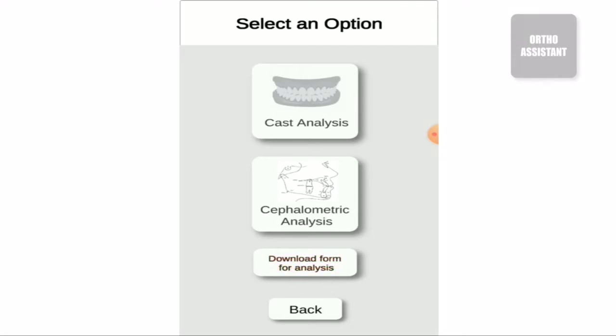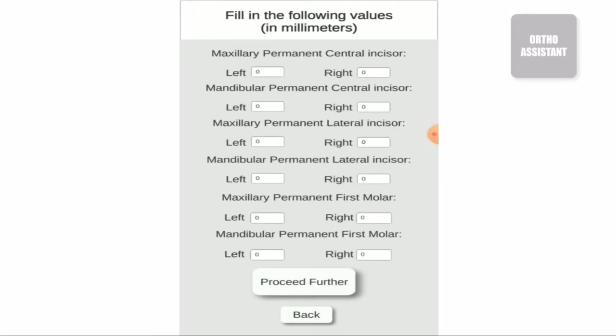The measurements and different results, whatever you are getting through the app, you can enter it, or you can change it into the Word document, and you can digitally enter the values in the form in the laptop or on the mobile, or directly you can go for the cast analysis, and you can enter the measurements directly with the help of your friend or by yourself, and you can directly enter here, and you can take a screenshot and save it, and you can mail it, and you can save it as a file in your laptop.